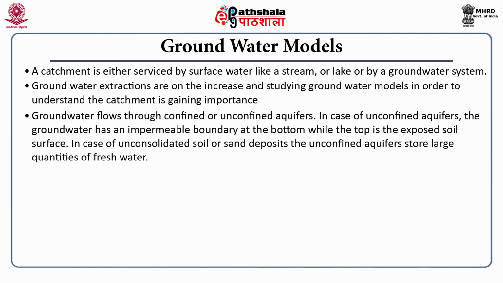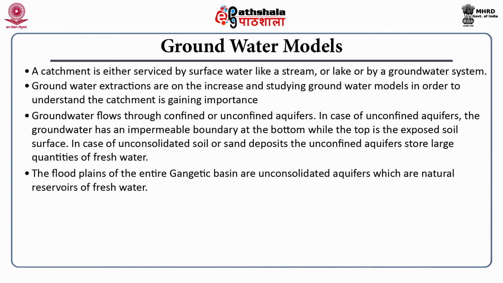By unconfined aquifers, we mean that the lower boundary is confined while the upper boundary is exposed, which means it is in unconsolidated soil or sand deposits, especially in the flood plains. The floodplains of the entire Gangetic basin are unconsolidated aquifers, while confined aquifers flow through two layers of rocks which are both impermeable.